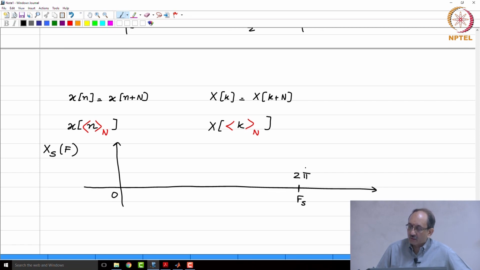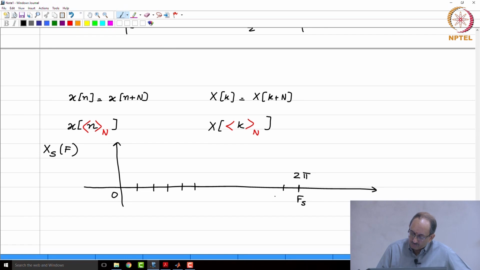Now our goal is to convert the DTFT back to true hertz, but in practice we will only be dealing with the DFT, because that is the only thing that is machine implementable. Therefore, we cannot compute the DTFT on a machine, we have to compute the DFT. But what are we doing as far as the DFT goes? We are taking the interval 0 to 2 pi and dividing it into N points.